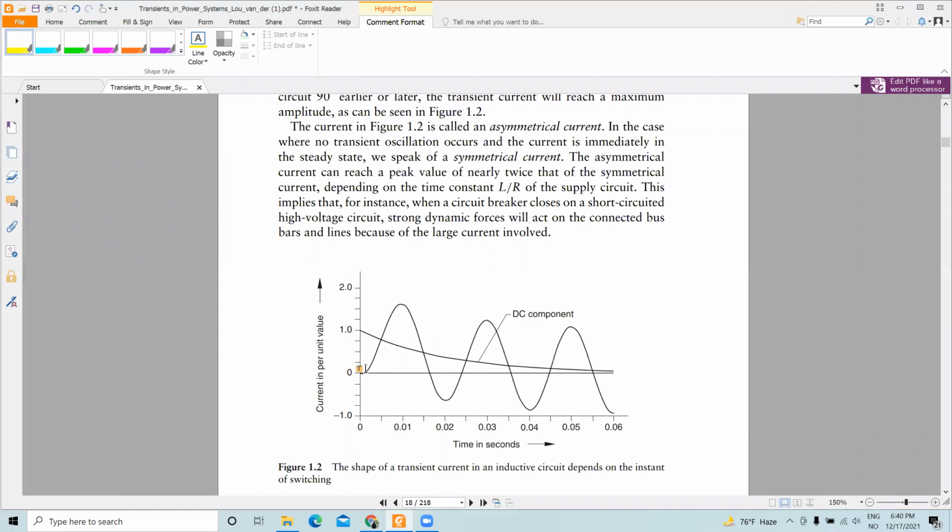In the previous case, it was flowing a very small current because of the load, and then suddenly you will have a short circuit current.